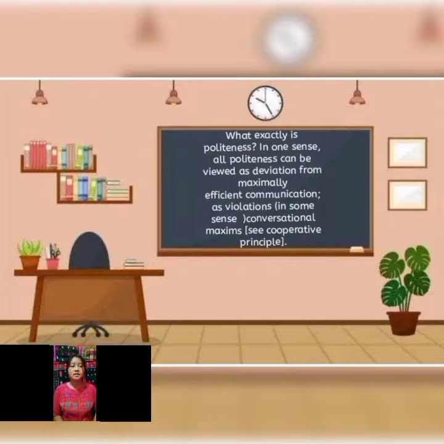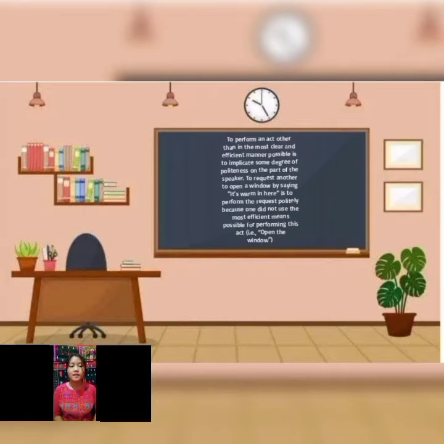In one sense, all politeness can be viewed as a deviation from maximally efficient communication, as violations in some sense of conversational maxims, to perform acts other than in the most clear and efficient manner possible, to implicate some degree of politeness on the part of the speaker.